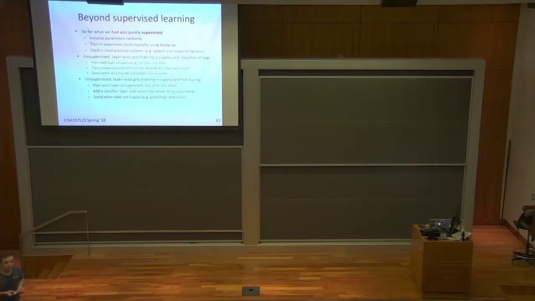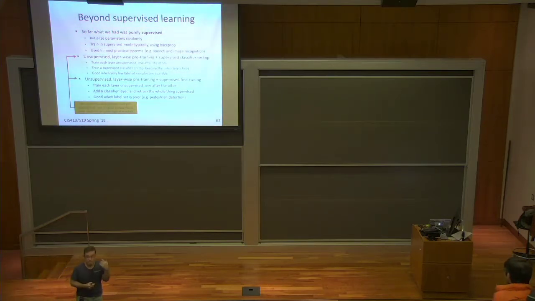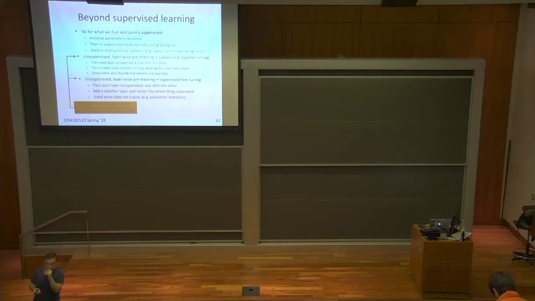And in practice, we have seen that this improves the performance of a downstream supervised learning problem, right? We are not going to talk about this a lot. I just wanted to highlight that this is an important technique, and it's an active area of research.